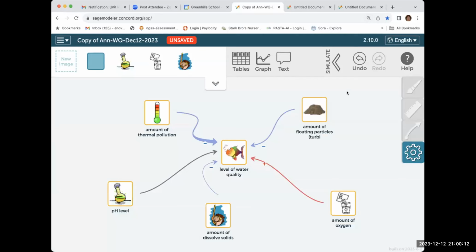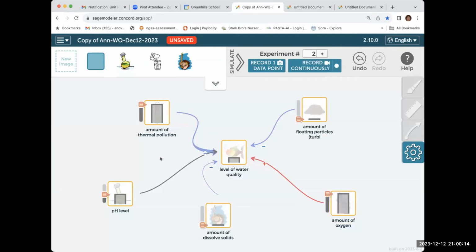So I have very similar things that you do, and when I simulate pH, right? So you can see I'm going up, it goes down, in the middle, it's high, and then it goes down again, right? Because I actually have thermal pollution. So I kind of like the sliders because at the end, my students can take what they actually got for their results, and they can set the slider to where that would be.